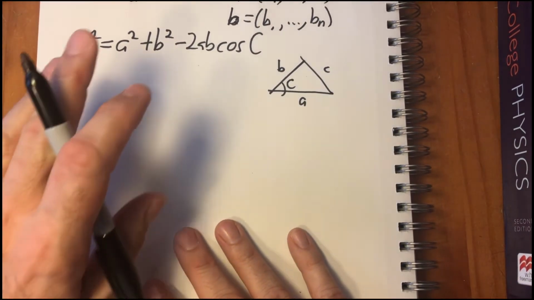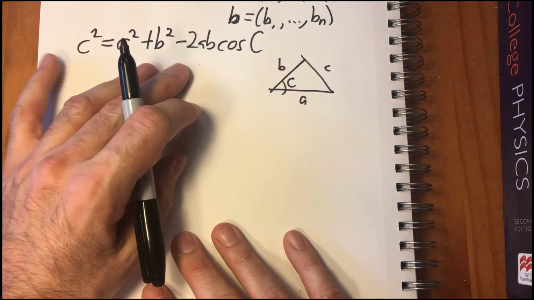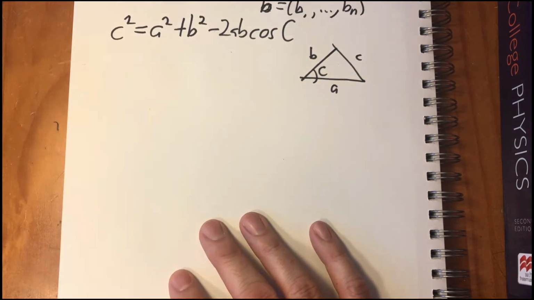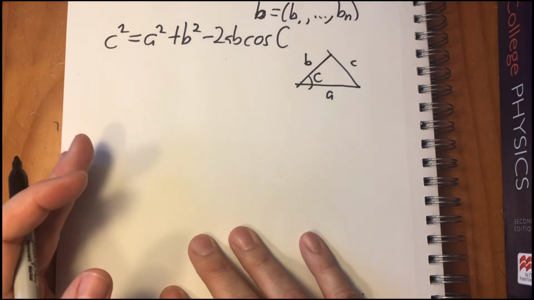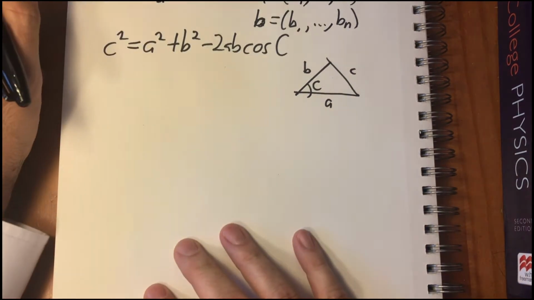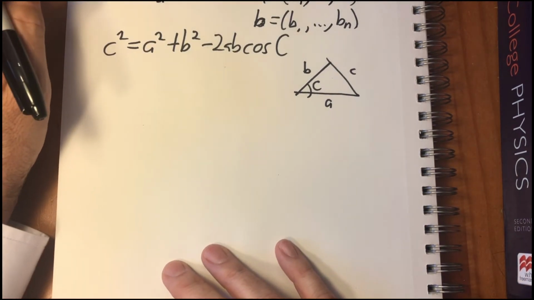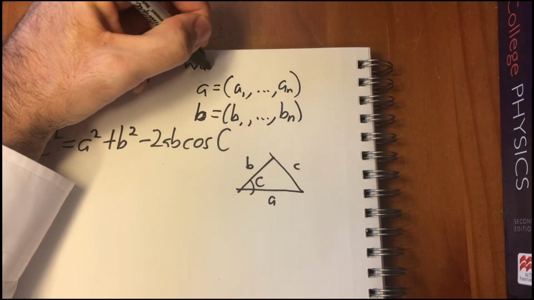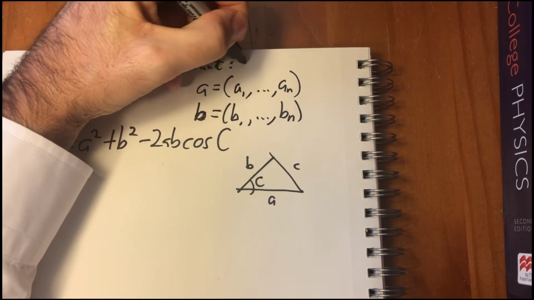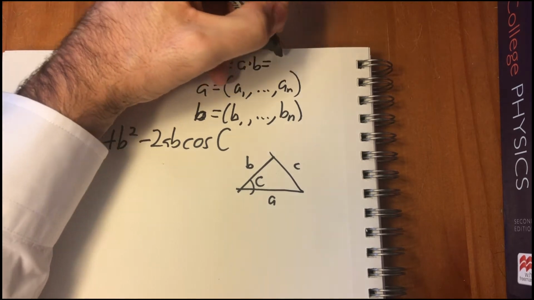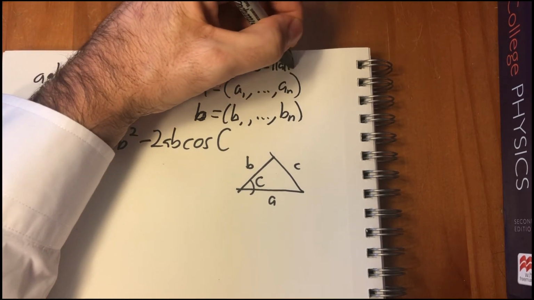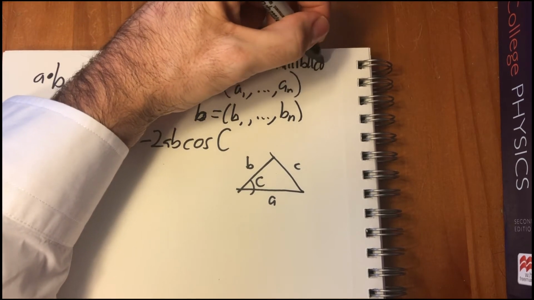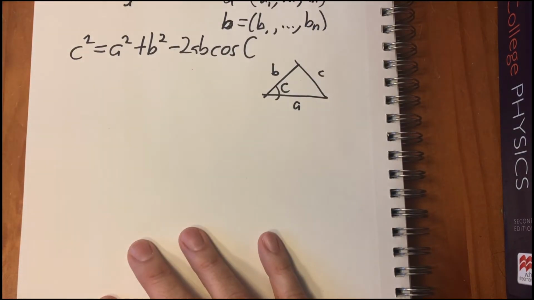I'm not going to bother with that now, but if you want me to, ask in the comments and I'll be happy to. So we're going to use this to derive the alternate. What we want is that A dot product B is the length of A times the length of B times the cosine of the angle between them.